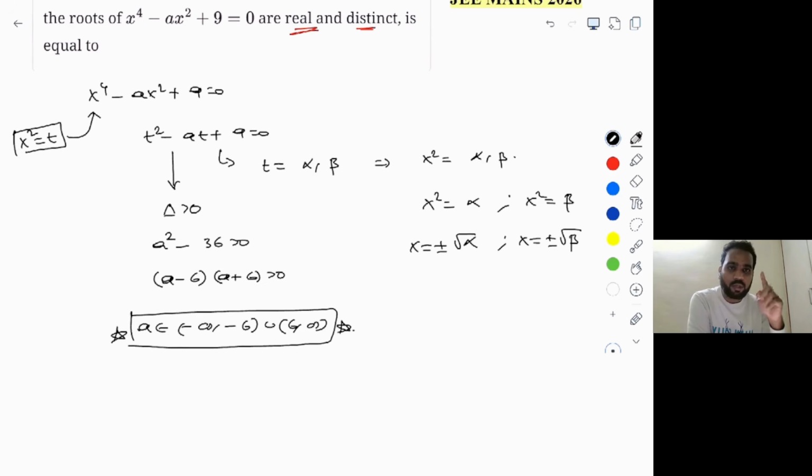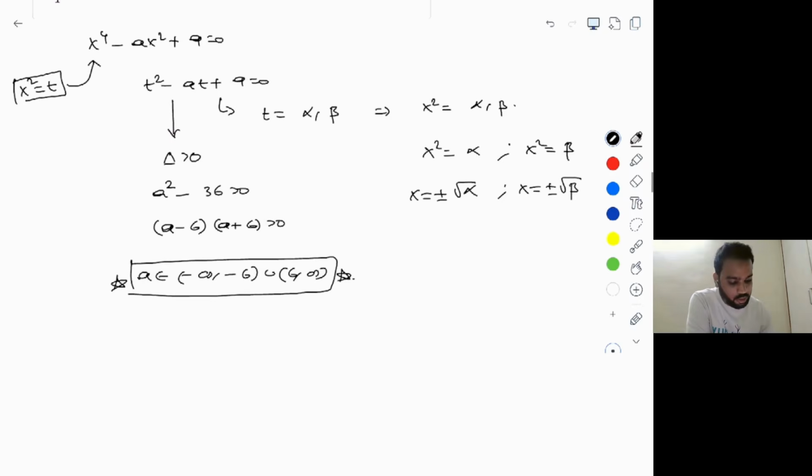So if you have to get four different real roots of this equation, I have to make sure that alpha, beta are also positive, because if at least one of them is negative, what is the problem? The square root of alpha or of beta will become complex, which will not give you real roots in that case, right? That is why one more condition is that alpha, beta both must be greater than zero. So alpha, beta both must be positive here.